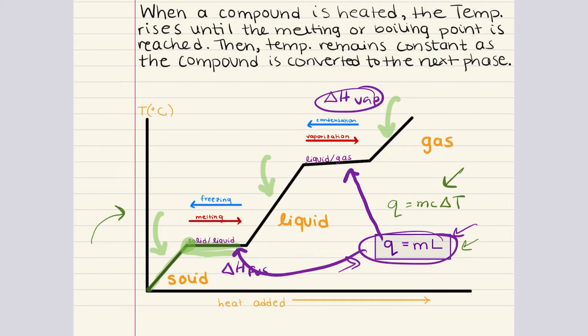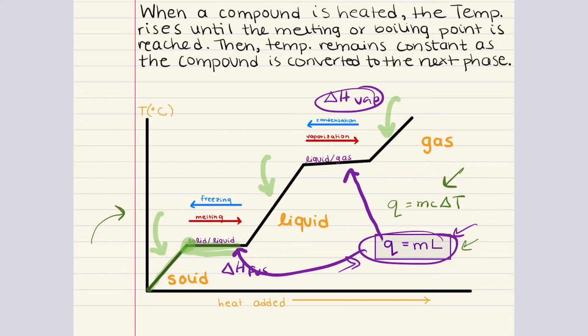So now we know when to use the mc delta T equation, for all of the sloped segments of the heating curve. And now we know when to use the Q equals mL equation, for all of the flat segments in our heating curve. Understanding these processes and equations allows for precise calculations of the energy changes involved in heating substances and their phase transitions.